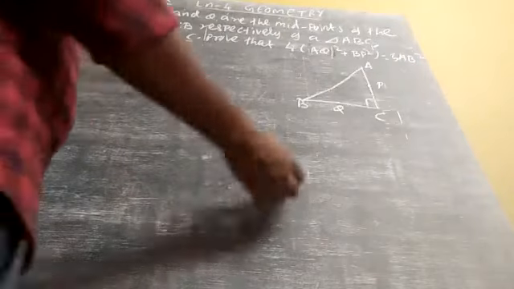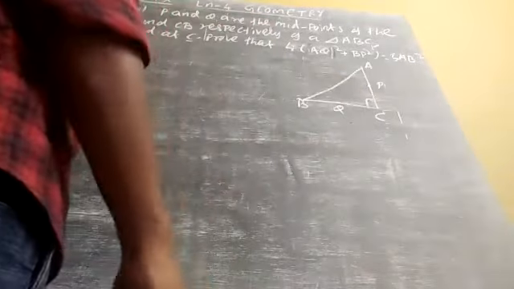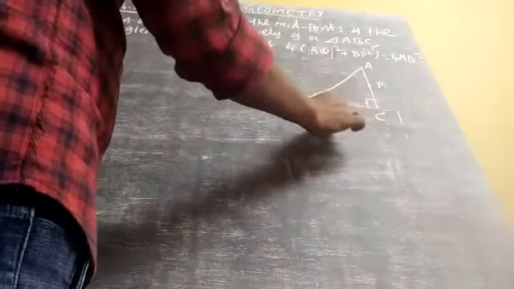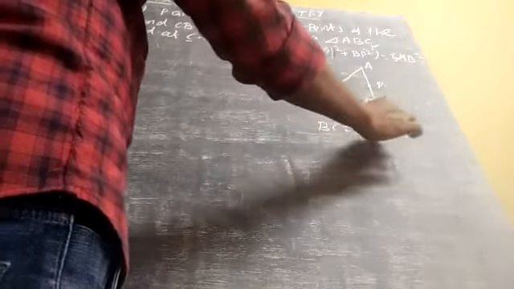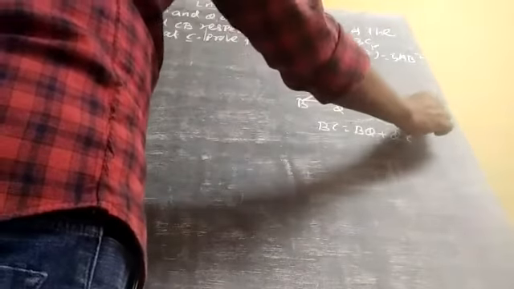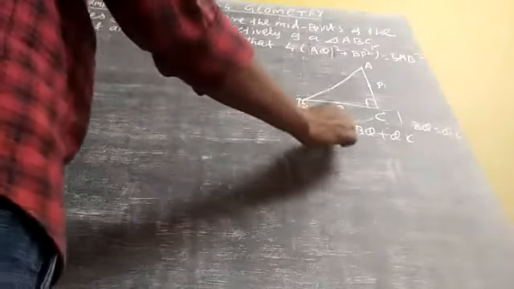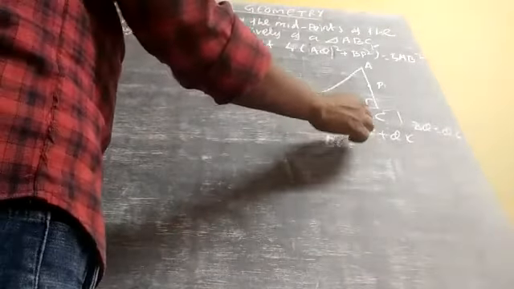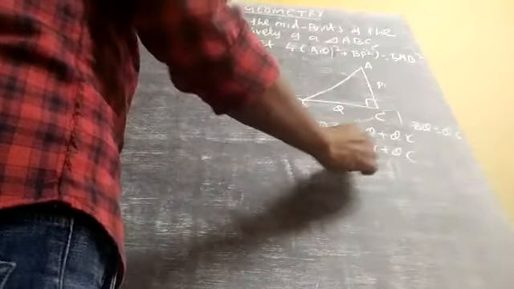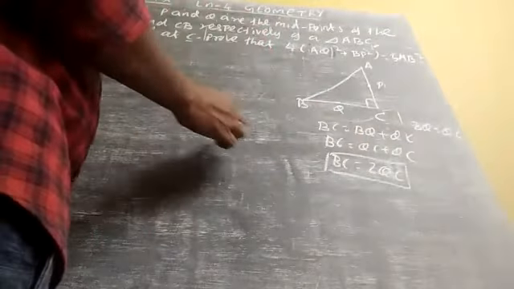For midpoint, already I said, the two parts are equal. Now look at that. BC equal to BQ plus QC. Already I said BQ equal to QC, these two parts are equal. So BC equal to QC plus QC, so BC equal to 2QC. This is one.